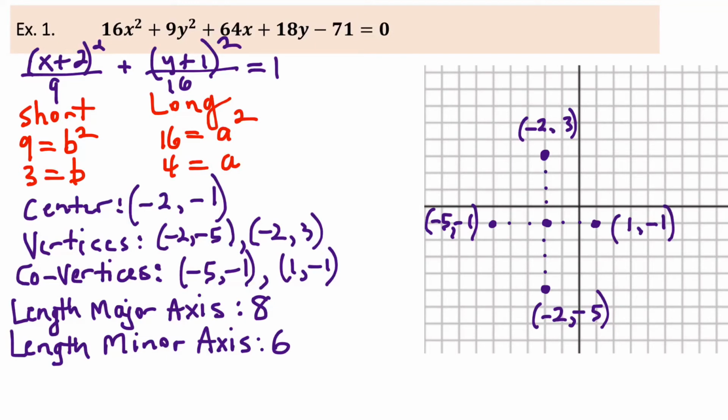So that leaves one more piece of information that we need, and that's the foci. So we need to do a calculation to figure out what the foci are. So the foci lie on the major axis, and they are points. So I'm going to sketch in my ellipse right now.